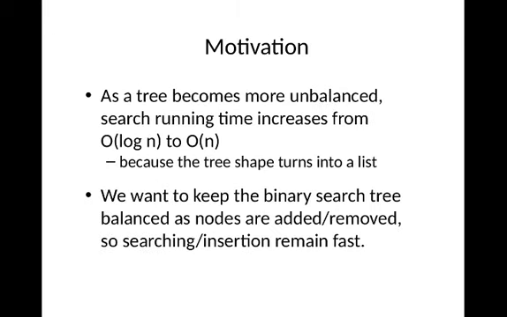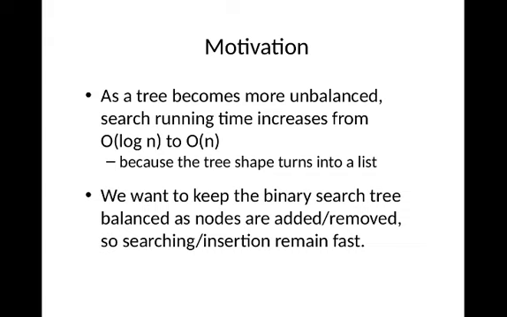What is the motivation for having balancing in a search tree? When we do any operation in a binary tree, the complexity of that operation is order of its height. So if the tree is unbalanced, its height is order of n, and so will be the complexity of operations, that is insert, delete, and update.